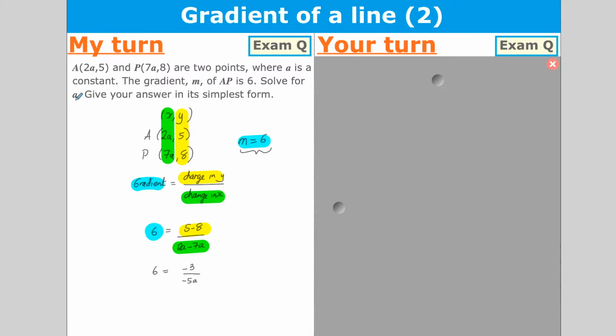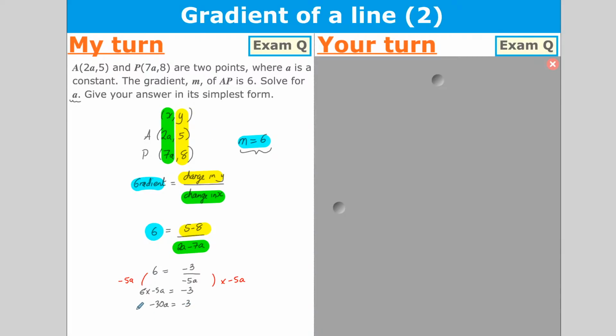Now we want to solve for a. So we want to make a the subject. So what we're going to do to both sides here is multiply both sides by negative 5a. And what you'll get on this side is 6 times negative 5a is therefore equal to negative 3, because it will cancel out this negative 5a here. That's negative 30a is equal to negative 3, tidying up.